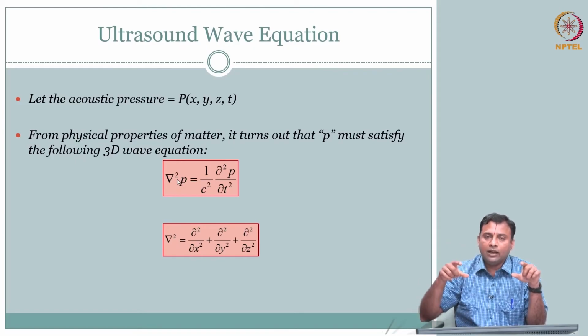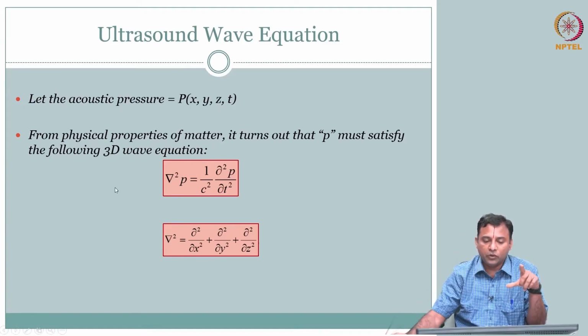And if you freeze space, then you see the same oscillating behavior over time. So if you have to describe this pressure, it is changing both in time and space. So you get this wave equation that captures both the change in space, and of course here we have 3 dimensions, so we put the space as x square, y square and z square, and time.